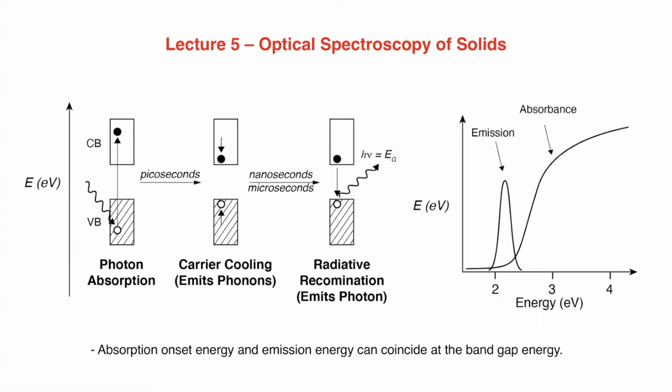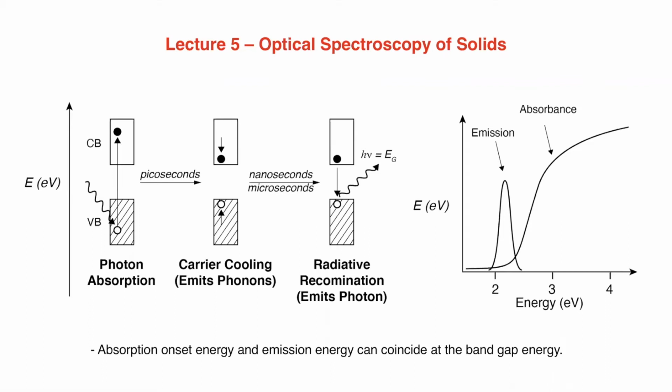And then those charges sit there for a while. And over nanoseconds to microseconds, they stare at each other. And then eventually, the electron makes the leap across the gap, and you lose a photon of energy h nu. Okay, so that photon is of energy equal to the band gap.